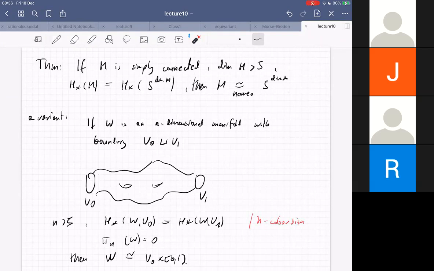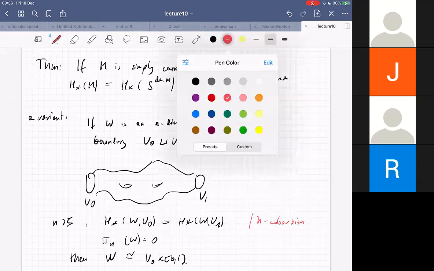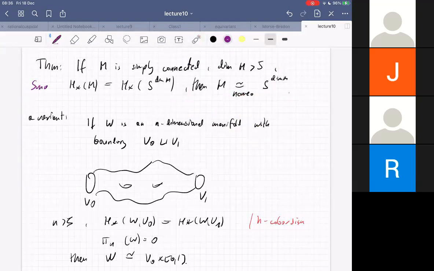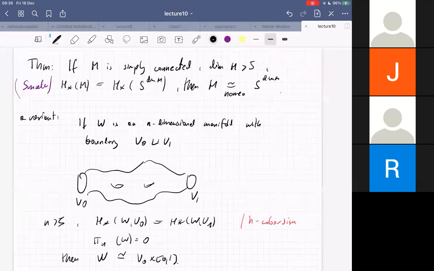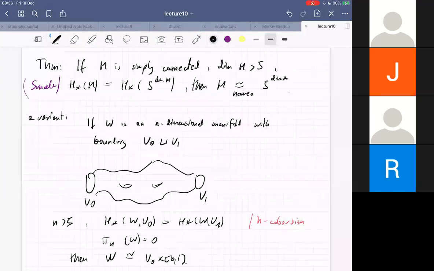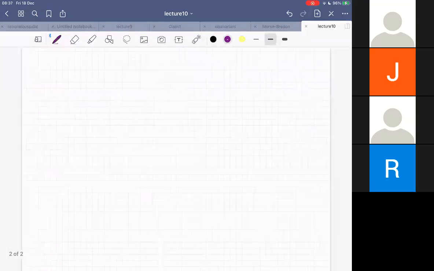Probably this theorem was well known to Smale. Smale is the author of this theorem. So okay, let me just start proving this theorem. This is the subject for at least part of the talk today. So, proof.